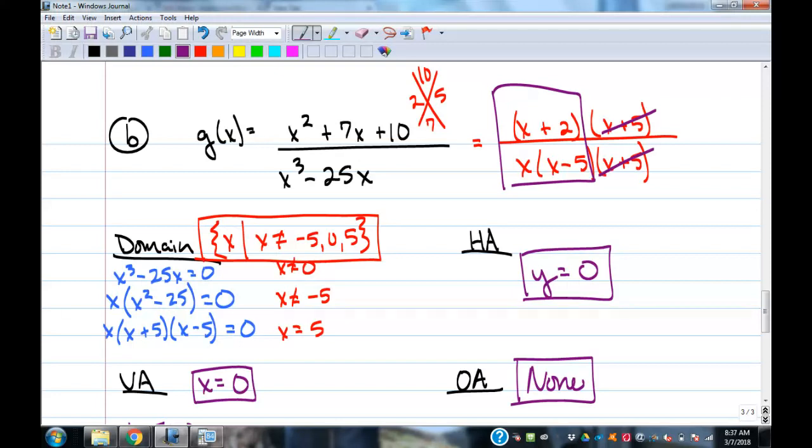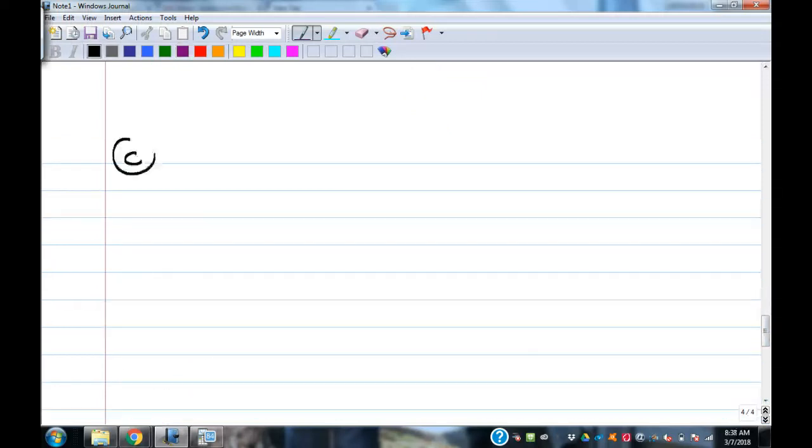Now, the last one we're going to do where we're just doing this, and then we'll add the other things in there, which are not that terrible. Example C. Here's our function. f of x is equal to x cubed plus 8 over x squared plus 6x plus 8.